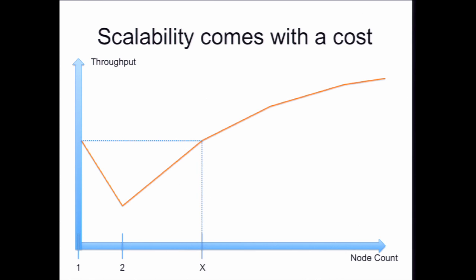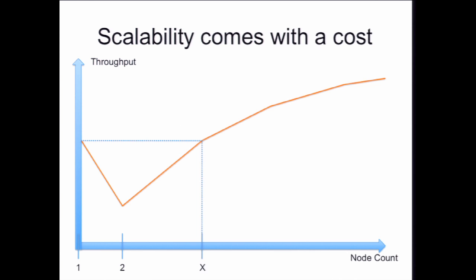So your throughput will go down with the second node, and then we start seeing the linear scaling. And at some point, X, you're going to catch up with the one node performance when using data grids, and then you'll be able to go up and get better throughput.